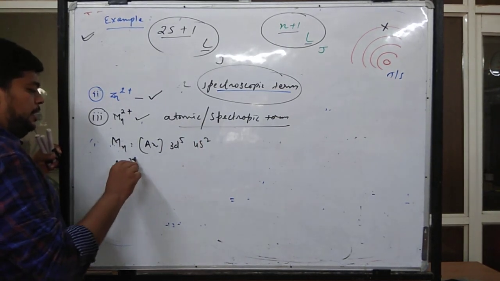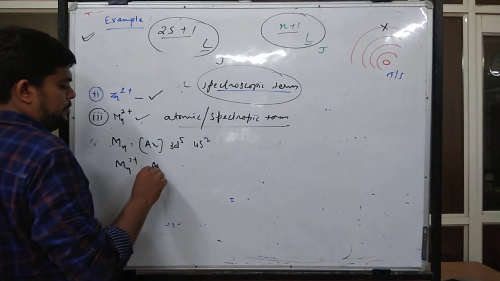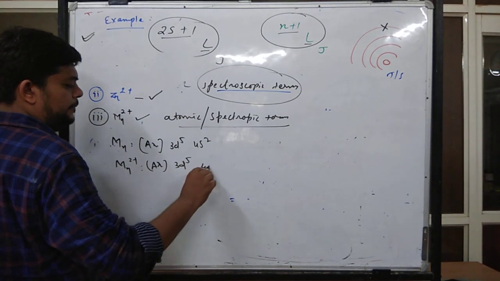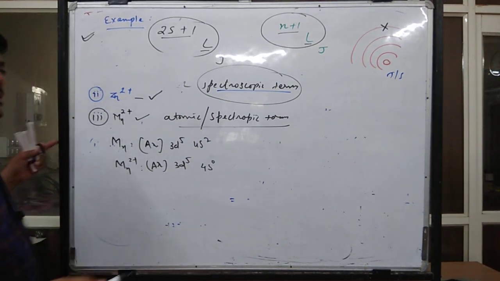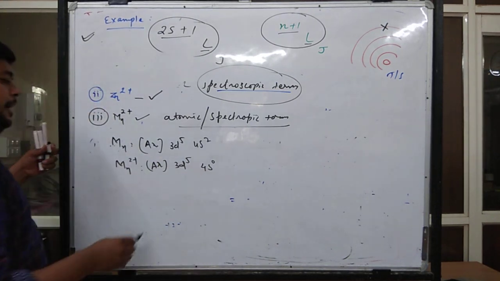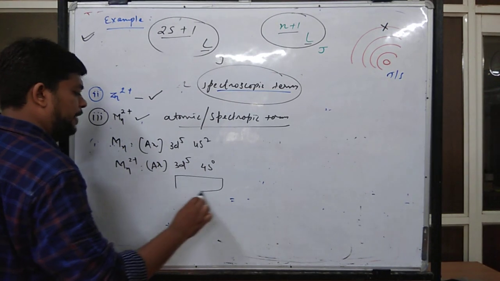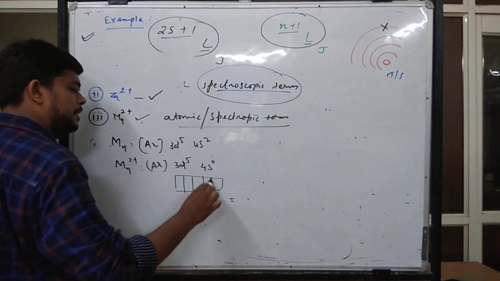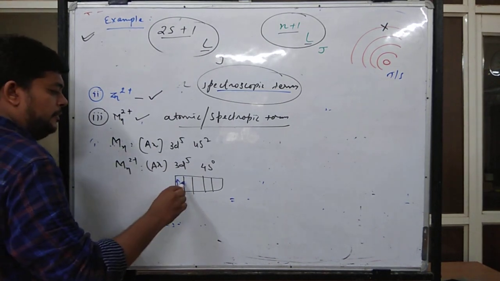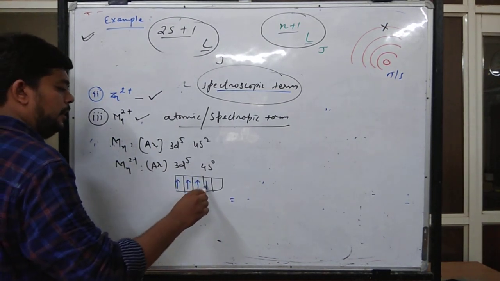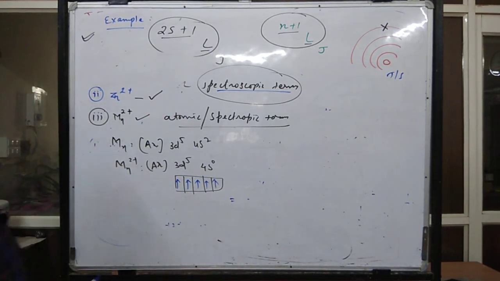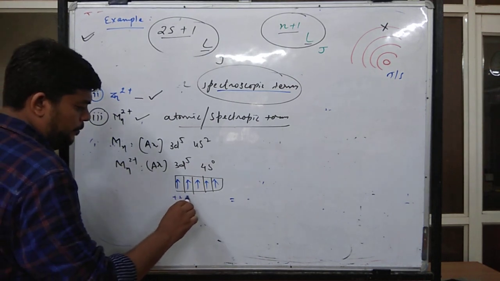Going towards Mn2+, I will just make it argon 18, 3d5, 4s is ideally 0, and so we do not consider it. Now as it is 3d5, let us make it very clear with the 5 electrons pertaining to the Pauli and the Hund's rule.